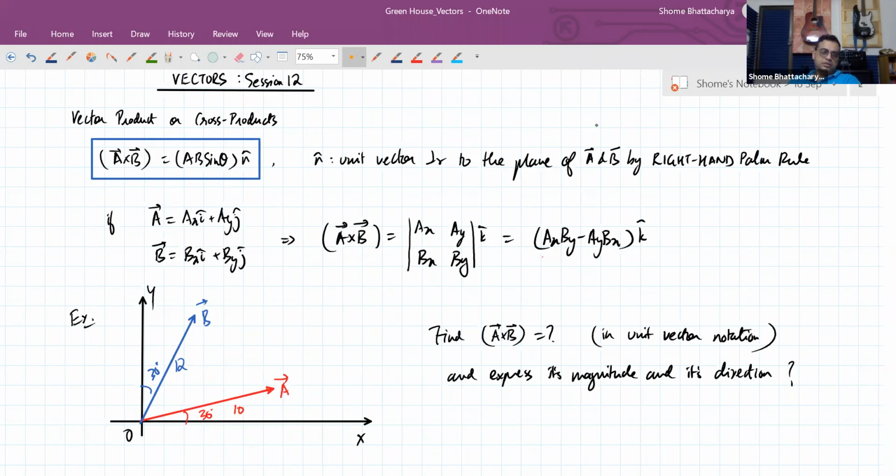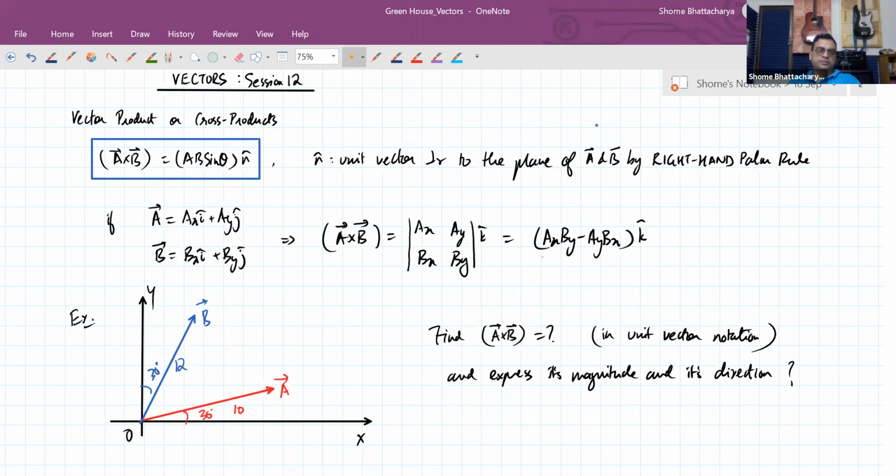Magnitude is correct. So is the direction coming out of the plane or going into the plane?